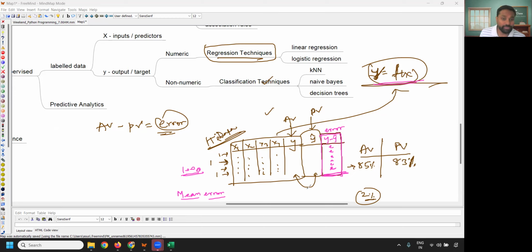But it's not unfortunate, it is the behavior of an unbiased, fair model that it balances all these errors. That means the average error for any balanced, fair model will always be equal to 0. This is one of the properties.